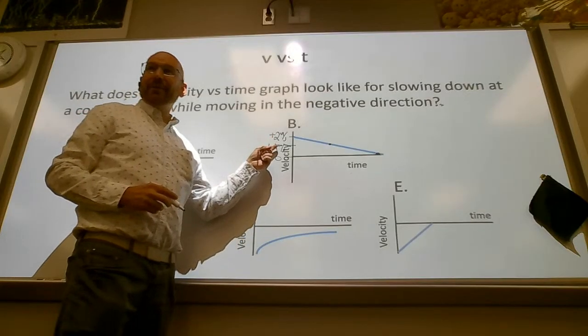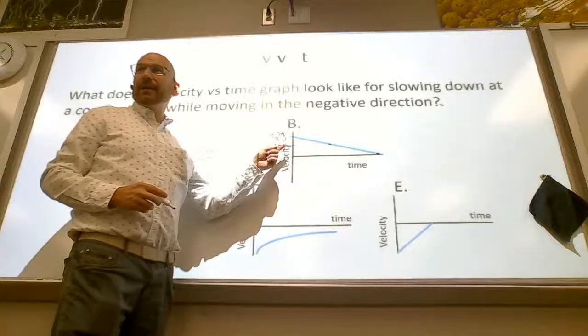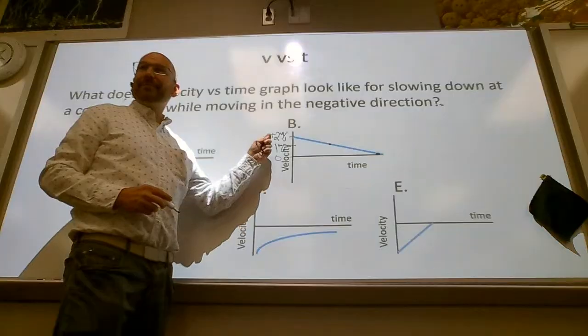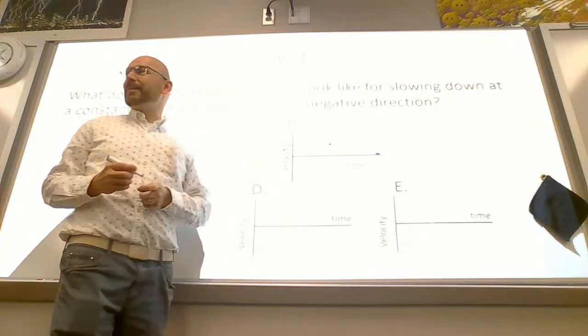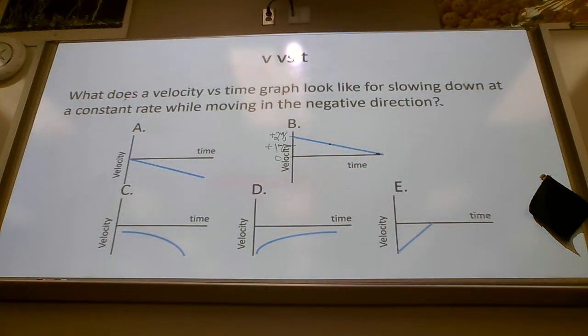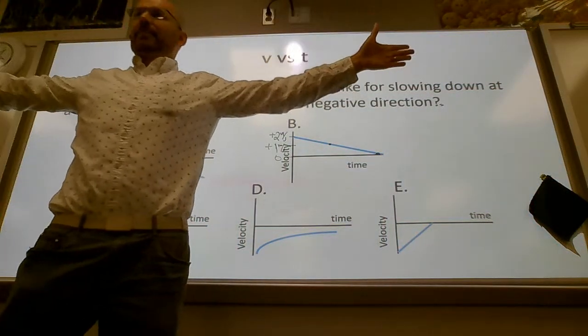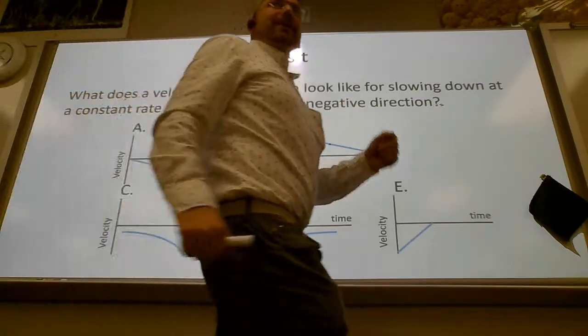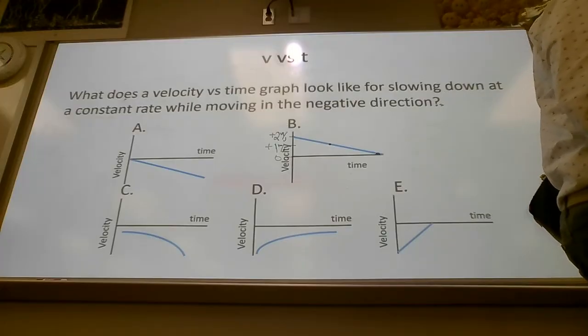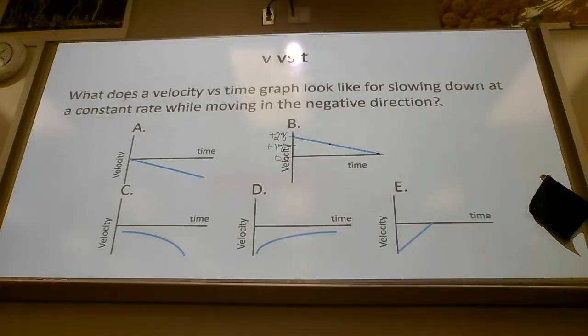You're slowing down, but you are moving in the positive direction. Watch. So on a number line, you're moving in the positive direction and slowing down. So not B. Go ahead and talk to your neighbor, see if you can figure it out.